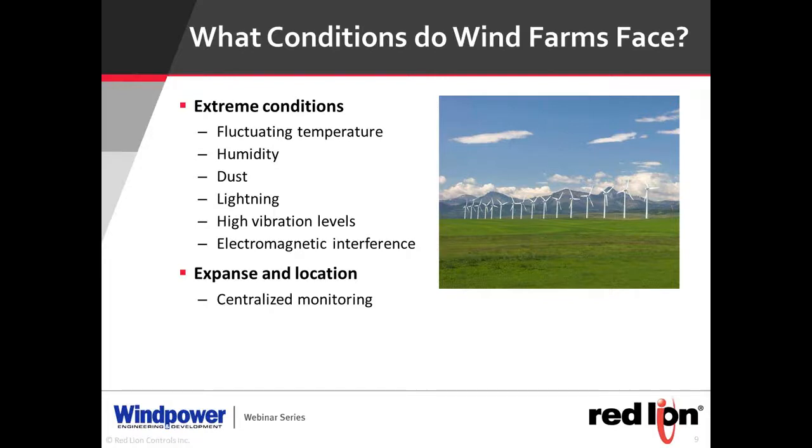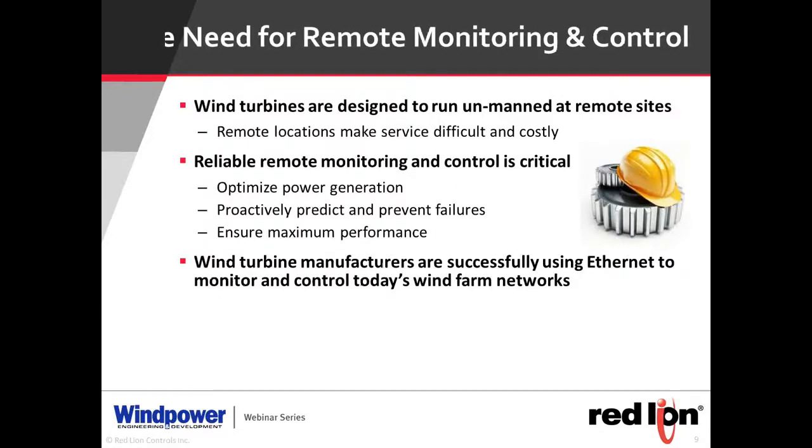By their very nature, turbines create high vibration as they tilt the blades to maximize power production capability. There's extensive consideration that has to be taken for EMI interference and the vast location. We work with wind farms that have well over 200 turbines installed, and it covers a very, very wide area. So centralized monitoring becomes a big concern.